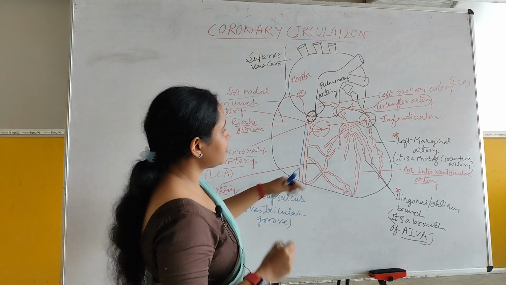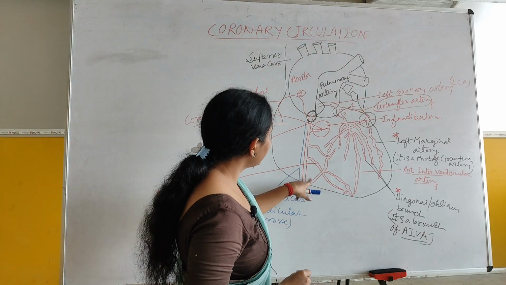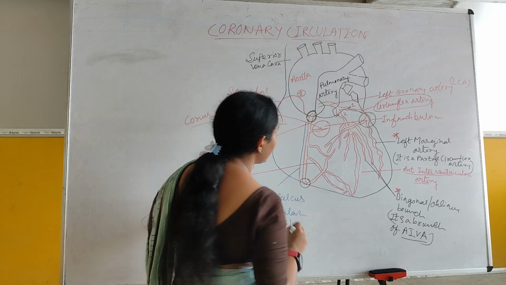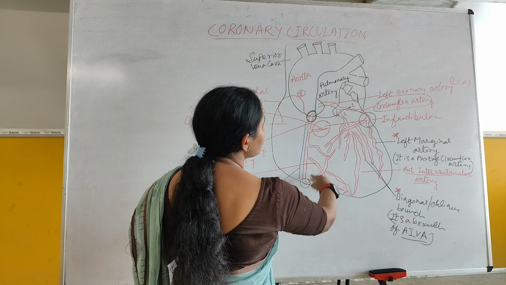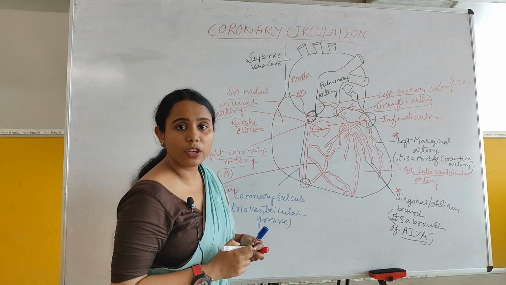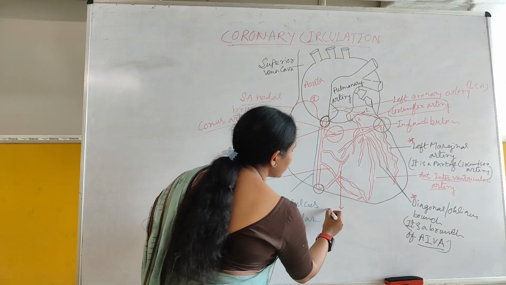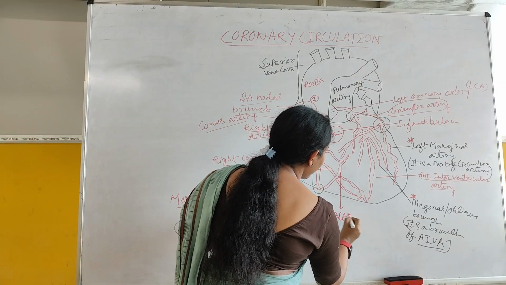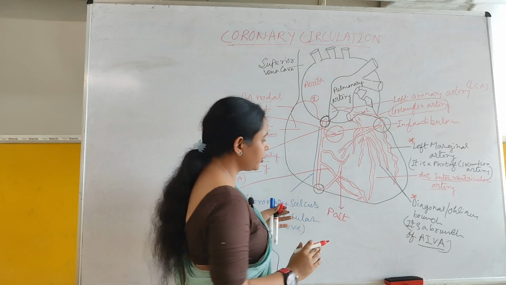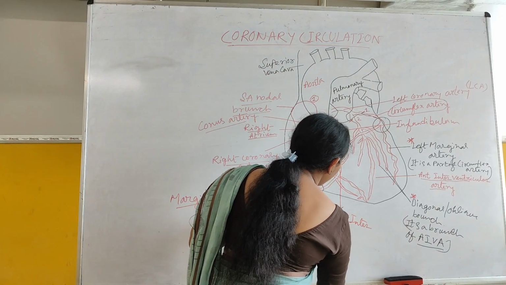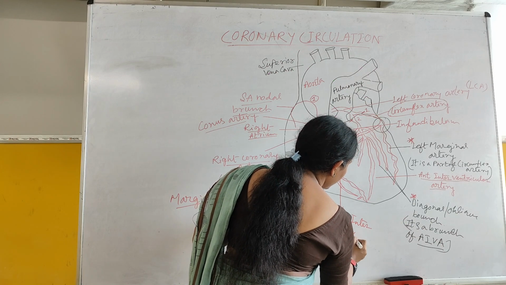And then I have said that it takes a turn here and goes to the posterior side of the heart, the back side of the heart, and forms the posterior interventricular artery.